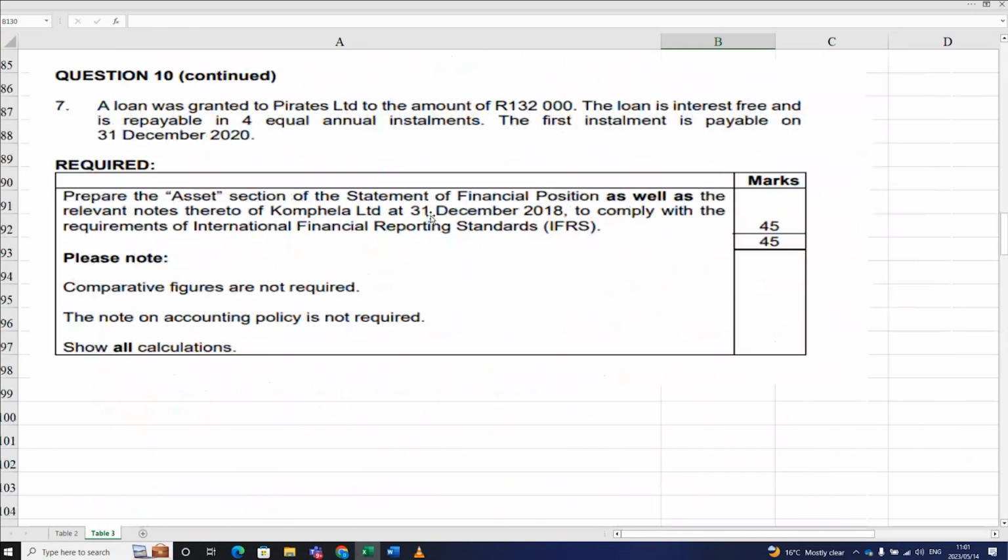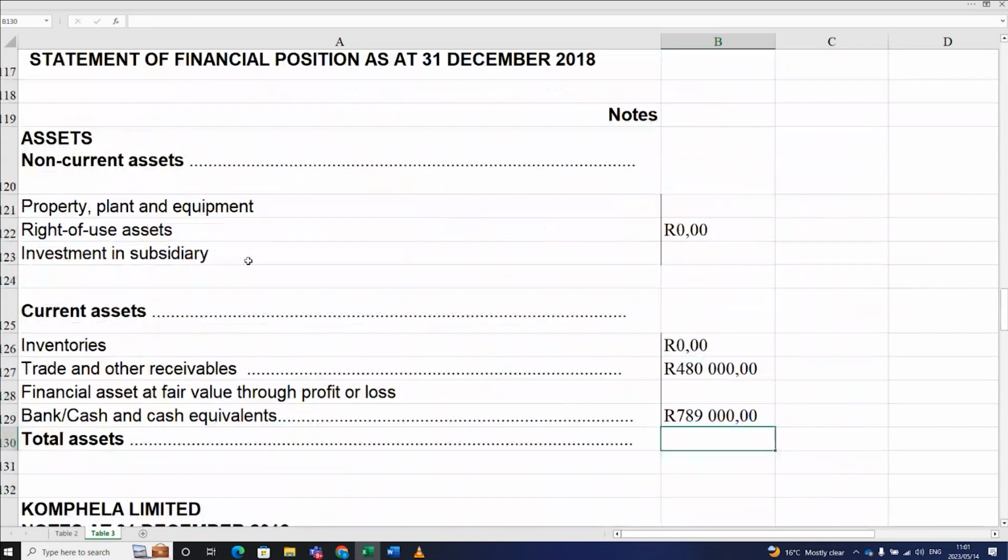So we know that when we come straight to the financial asset at fair value through profit and loss, then we've got R5.50 multiplied by 25,000, and then boom, I've got that sorted out, done.